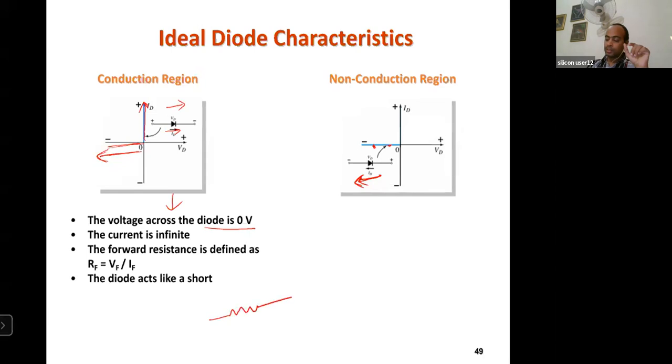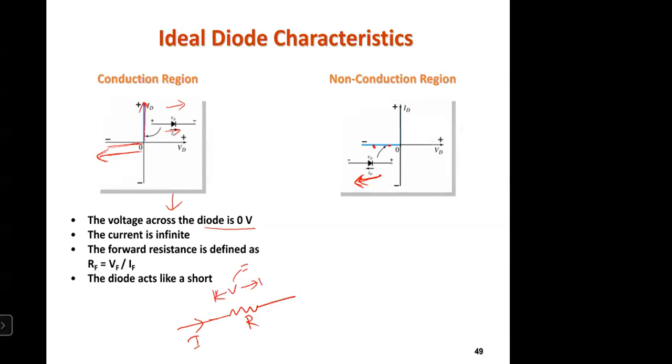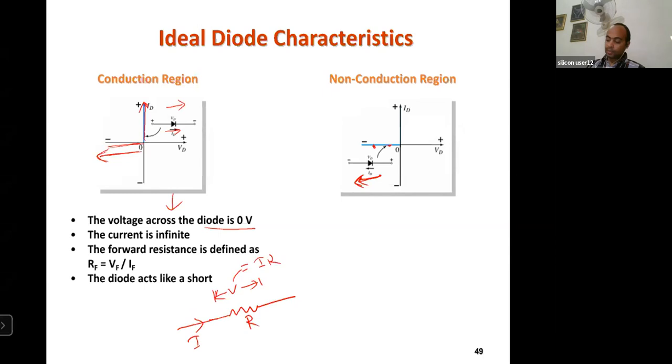Suppose this is one resistor, and let's say I is flowing across it, and this is R. So the voltage across this resistor is V equal to IR.